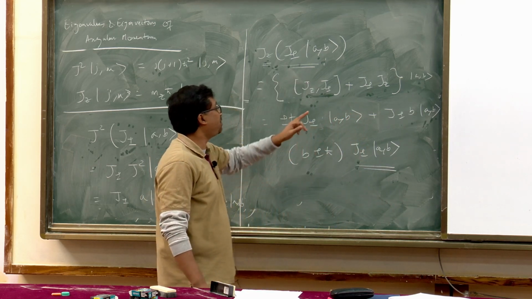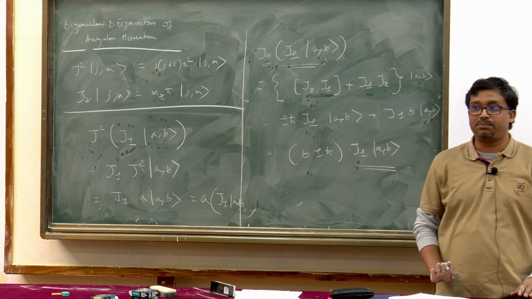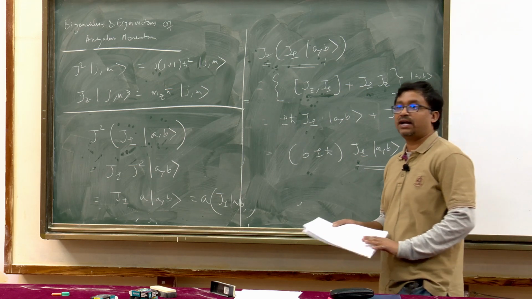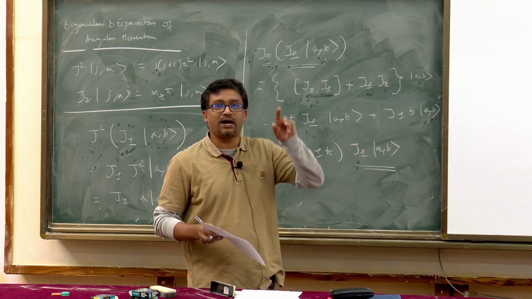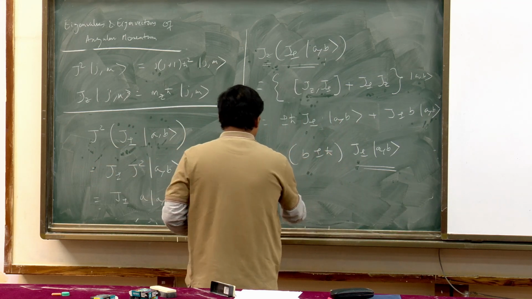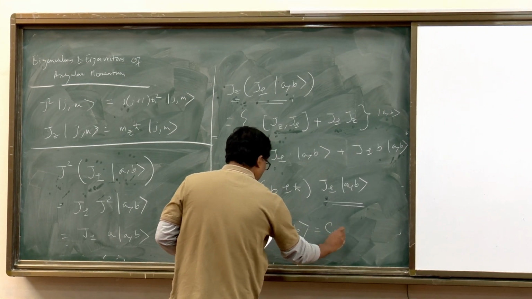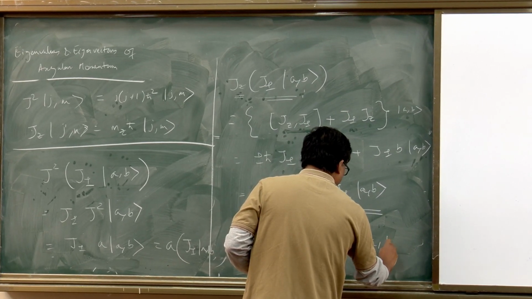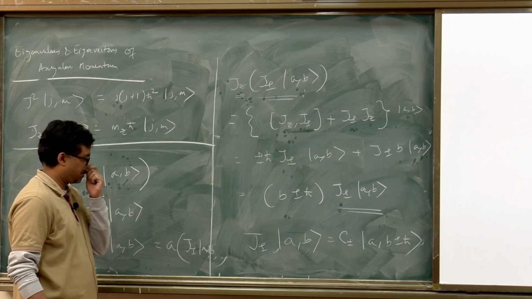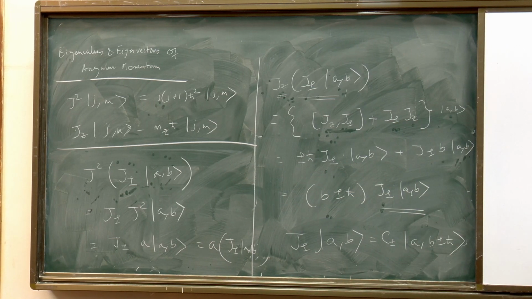So what J plus minus is doing is either increasing or decreasing B in the spectrum by units of h bar. That is the reason why it is called a ladder operator, as if you are going up the ladder or coming down the ladder. Okay. So we can write that J plus minus on AB is equal to some constant times A, B plus minus h bar. Okay.